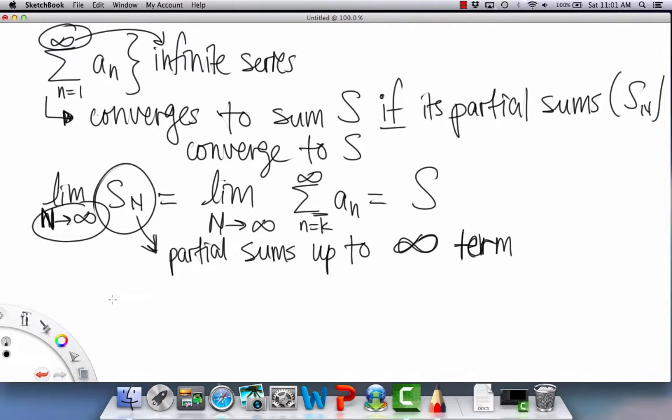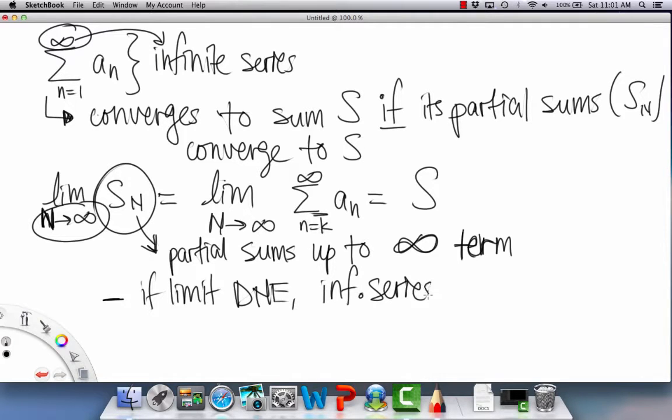Okay, so again, we have the two options. If the limit, well, this is the first option, obviously, the limit exists, and both are going to converge to the sum s. But if the limit does not exist, then we say that the infinite series diverges, right?